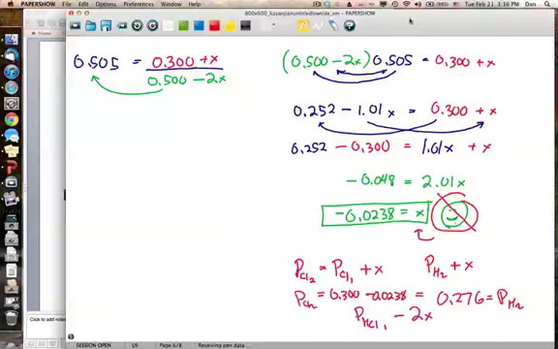And we can do the same thing for the HCl to give us a value of 0.548 atmospheres.